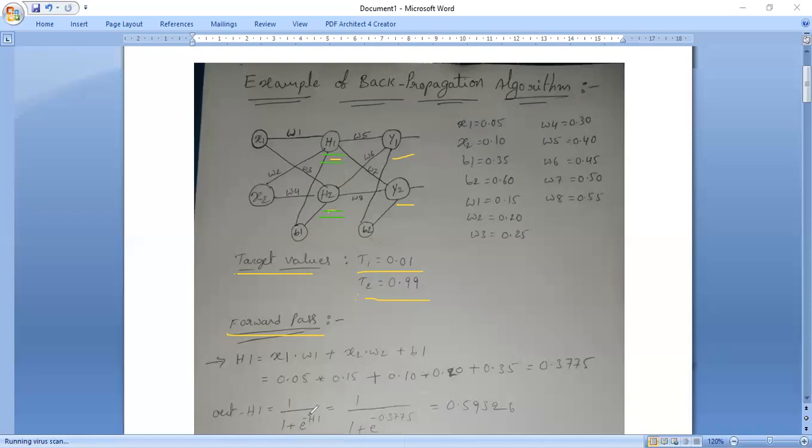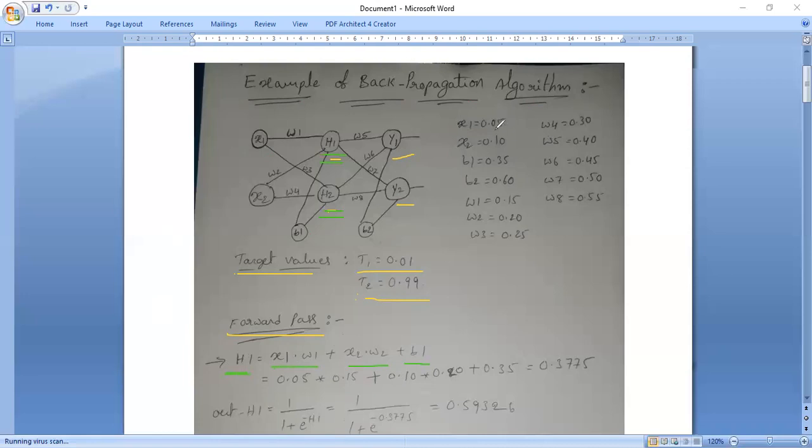First is h1. The input of h1, net h1, equals x1 into w1 plus x2 into w2 plus b1. This is the formula we have already seen in the previous class.